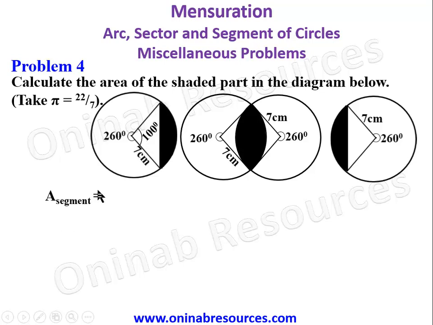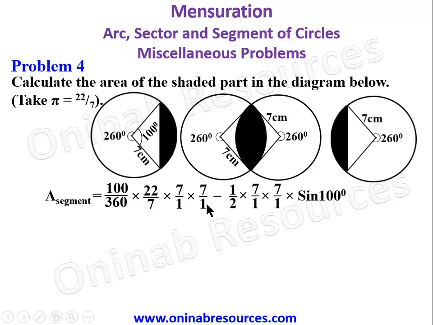So area of the segment is area of sector, that's 100 over 360 times 22 over 7 times 7 times 7, then minus half times 7 times 7 sine 100 degrees.